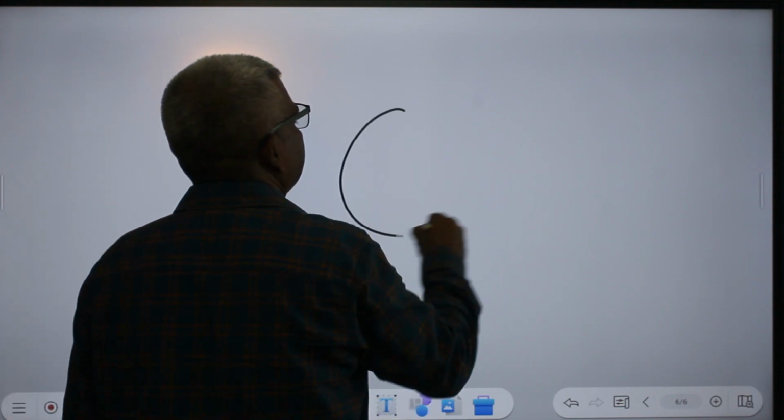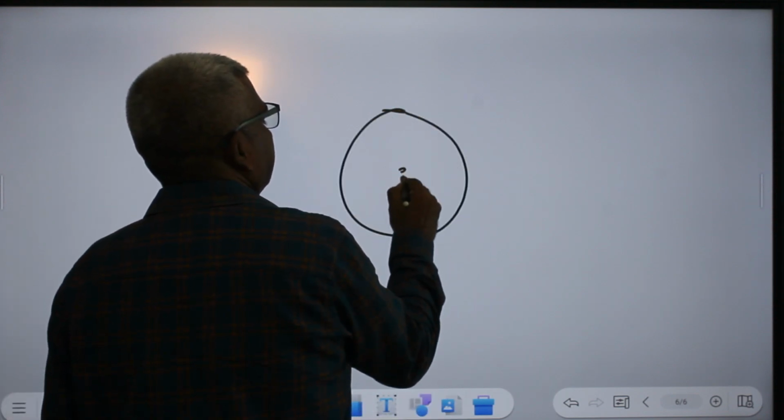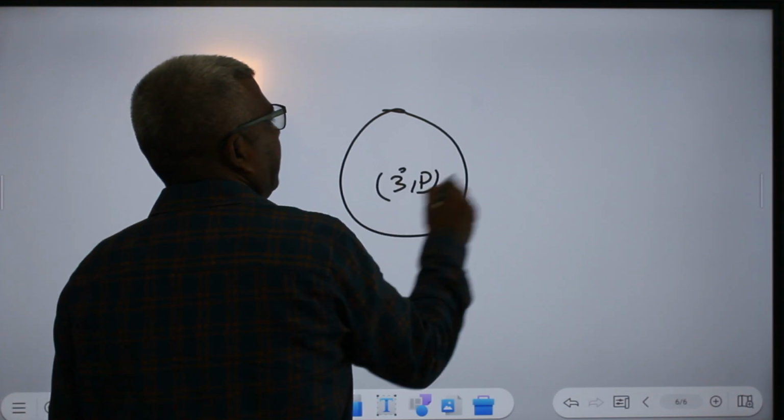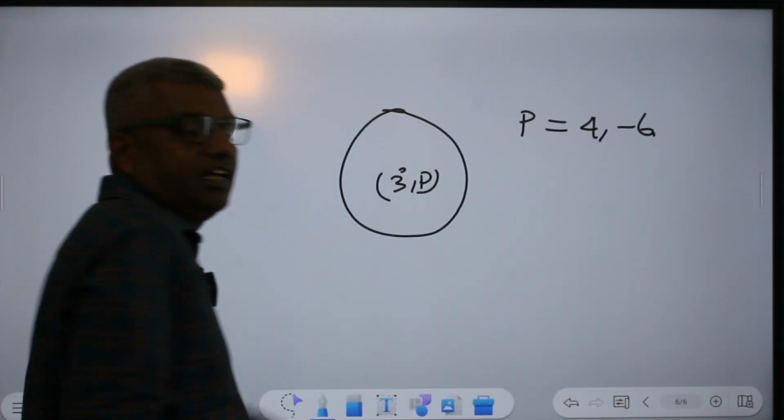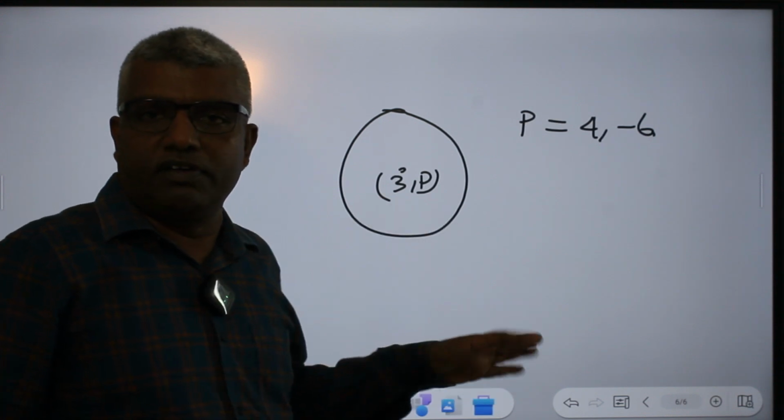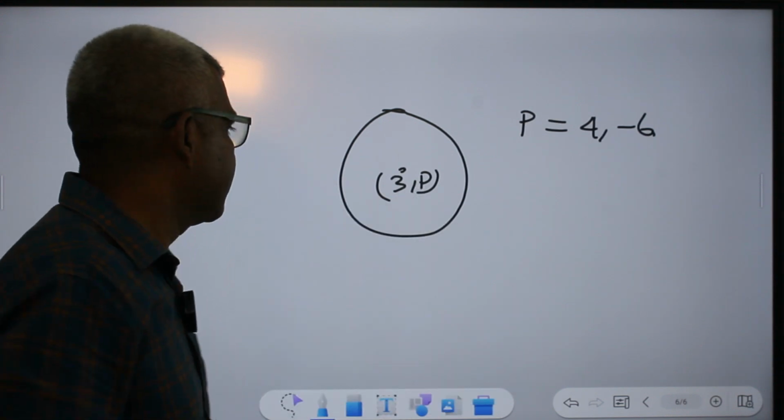You have to find, now center is 3 comma p, p is 4 comma minus 6. There are two possible values. At one instance you put 4, at another instance you put minus 6.